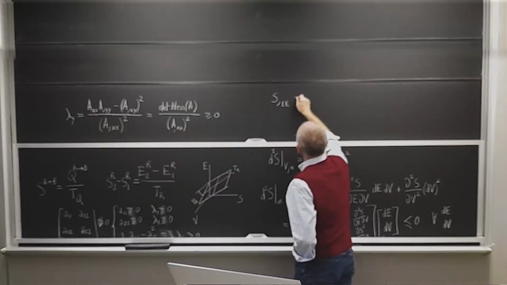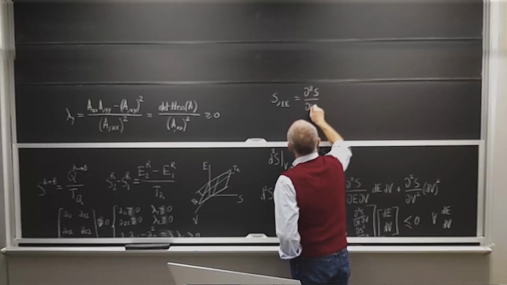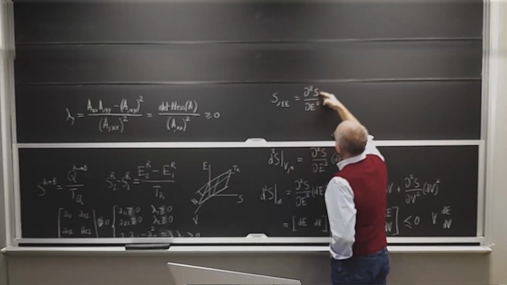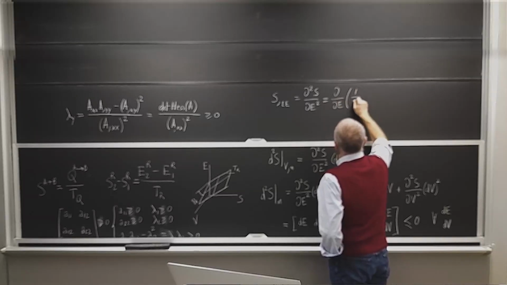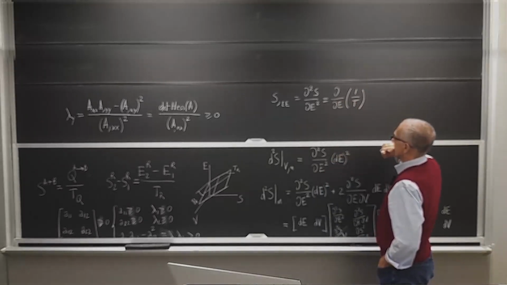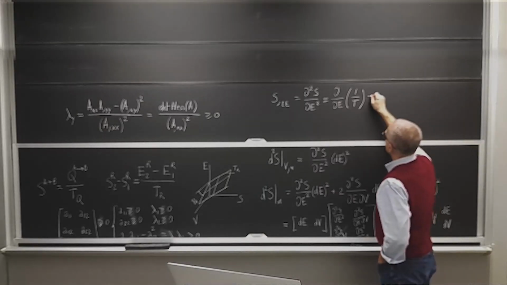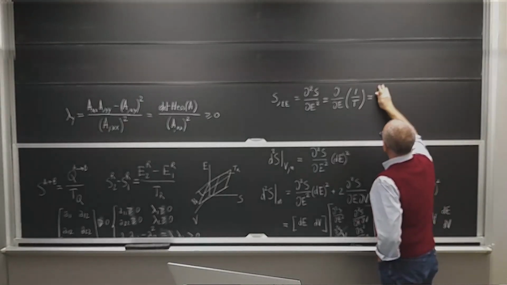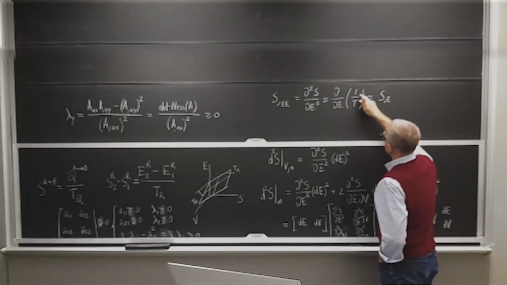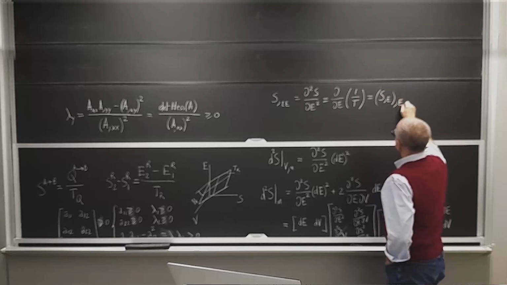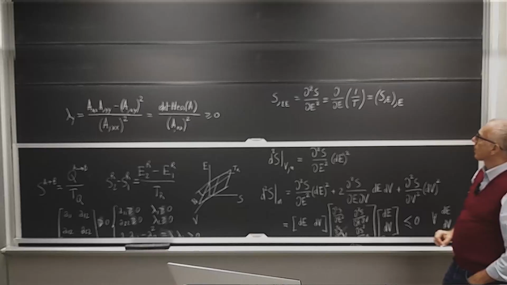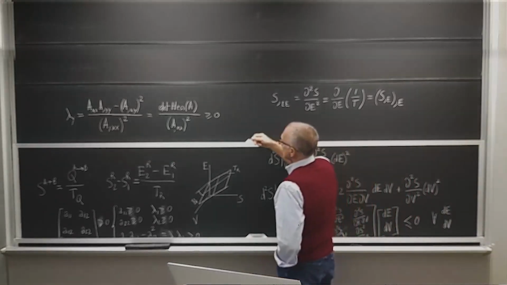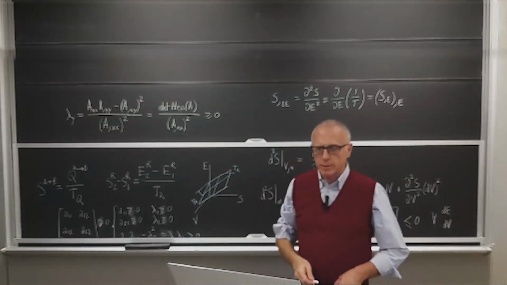So SEE means partial of s with respect to E twice, but since the partial of s with respect to E is 1 over T, you can write it as S comma E, which is the inverse of the temperature, again comma E. And of course, you can do also the other, like that.